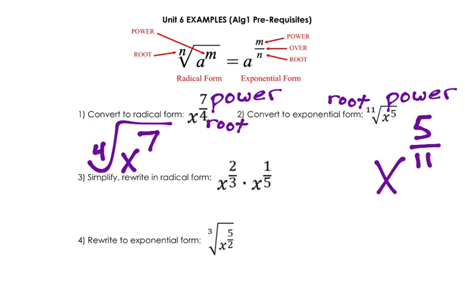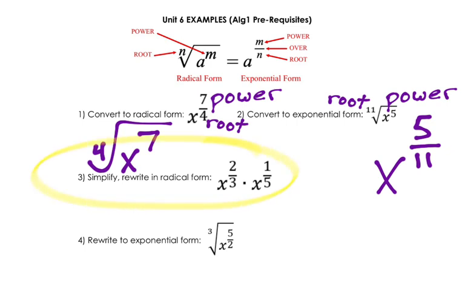Now, problems 1 and 2 are taking you through the procedures of rewriting, and that is a very baseline core skill for the upcoming unit. What you're going to have to also incorporate are the laws of exponents that come from Algebra 1.